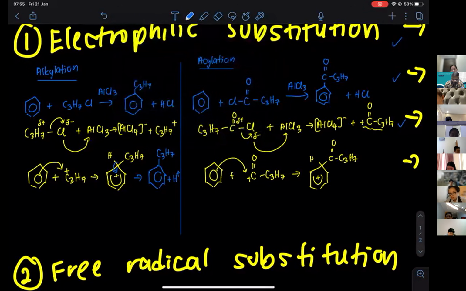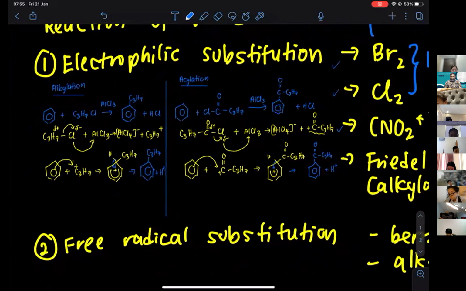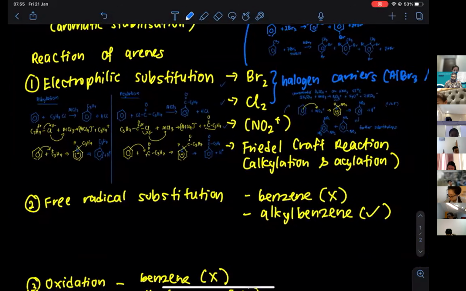They will bring the electron pair inside and give you the product, C double bond O C3H7, plus H+. So acylation and alkylation are done. This is also done.